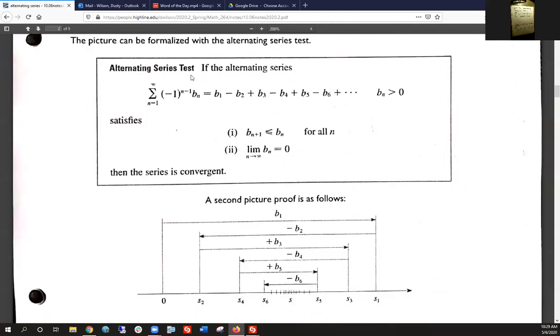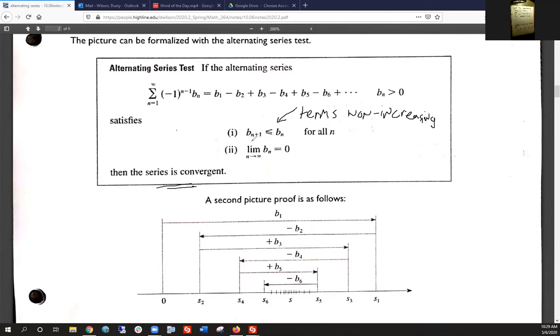So this is the alternating series test. If you have an alternating series, if the terms are decreasing, so these are the terms, are non-increasing, and if the terms themselves go to 0, then the series is convergent.